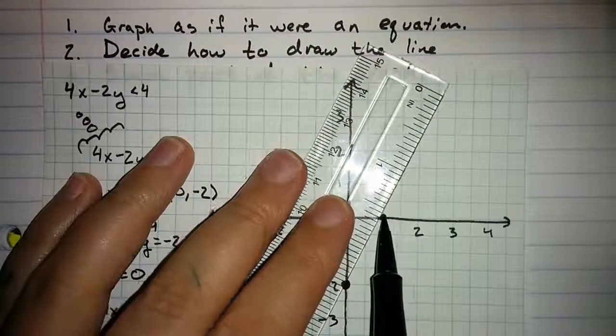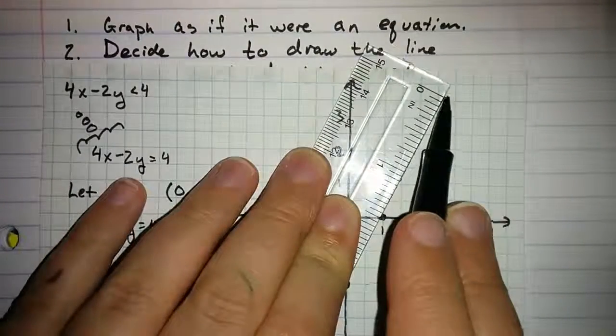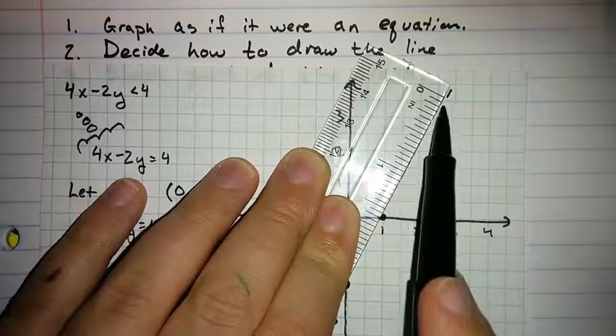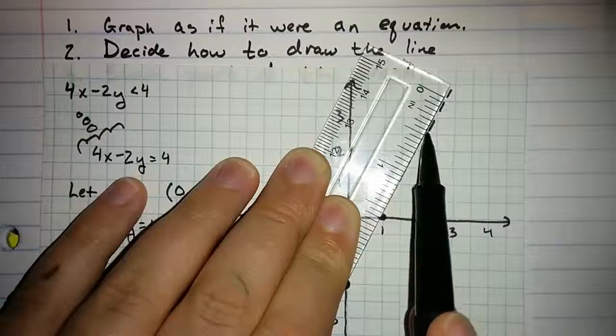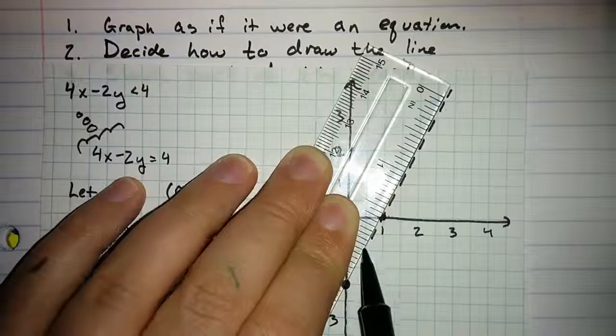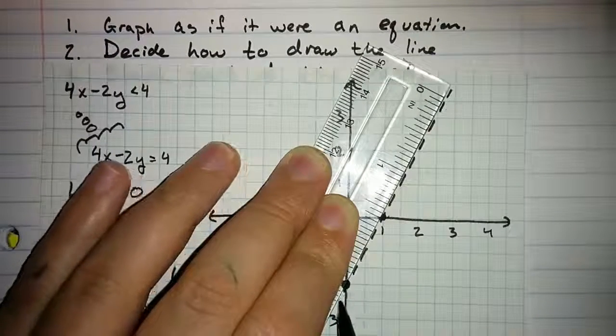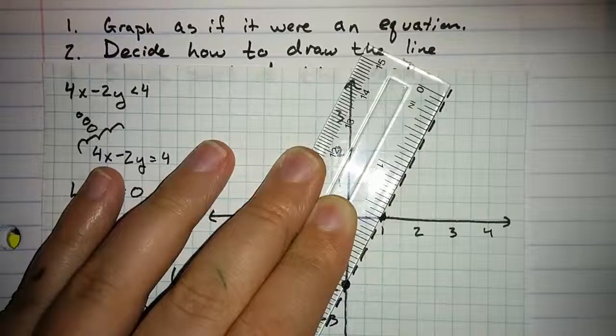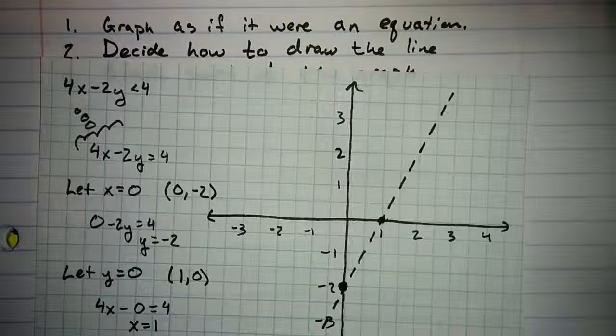Right, a dashed line is like it's not really there. If you're working in pencil, you can draw in the line and then dash it later if you need to. If you're working in pen like I am right now, it's better to decide whether to dash or not before you draw the line.